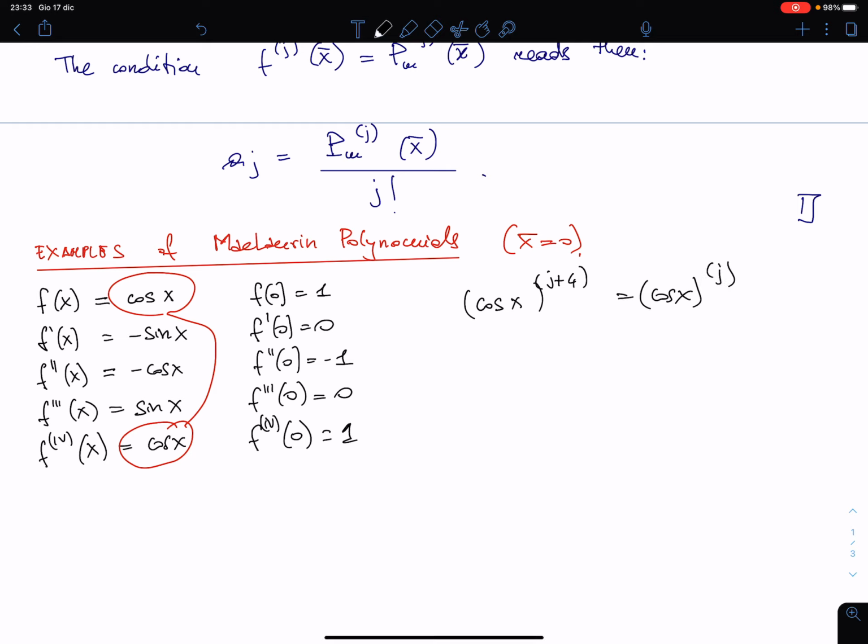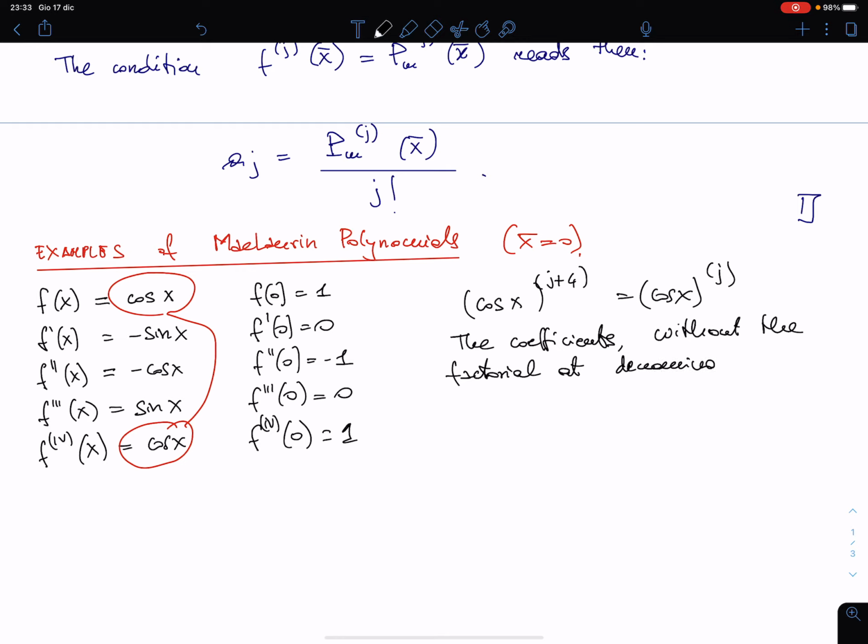So the coefficients without the factorial at denominator are 1, 0, minus 1, 0, 1, 0, minus 1, 0, 1, and so on and so on.